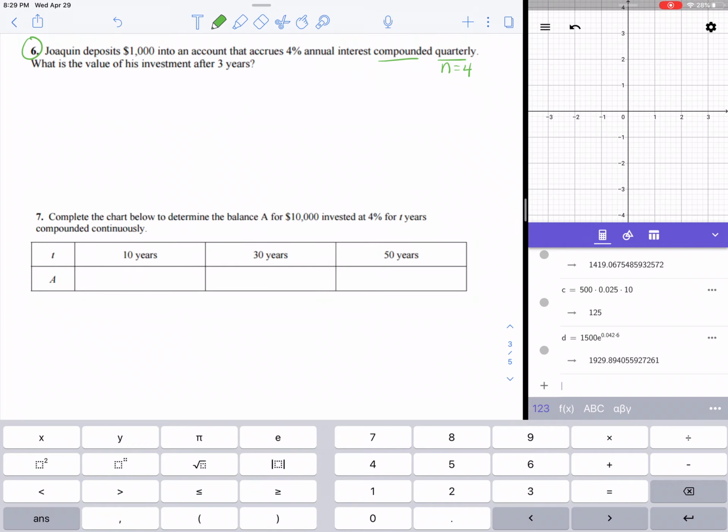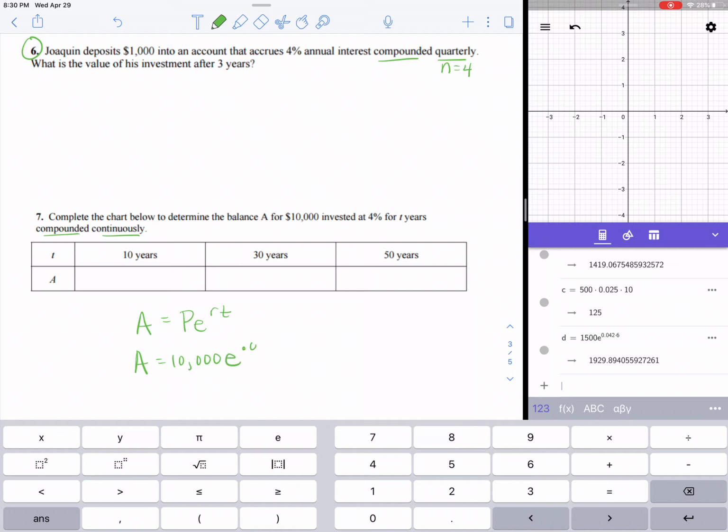Compounded continuously for number 7. I'll just do this one with you. They're saying as soon as it says compounded continuously, I use that PERT formula. Number 6 would use the other formula with the n being 4. So A equals PE to the RT. The principal's 10,000.